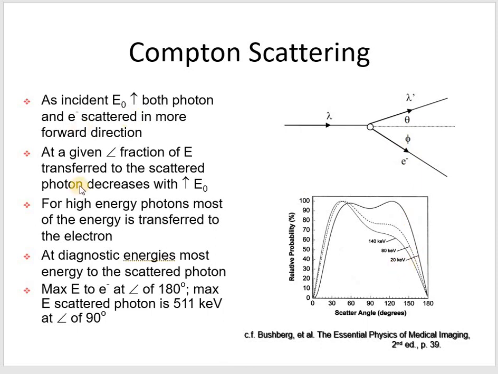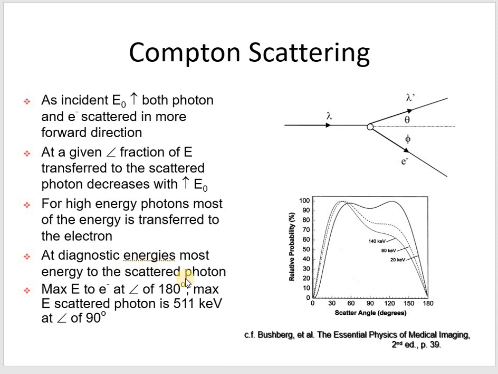For a given angle, the fraction of energy transferred to the scattered photon decreases when the energy increases. So the angle always decreases with energy. The higher the energy, the more forward the scattered photon and the Compton electron would be. For high energy photons, most of the energy is given to the electrons.